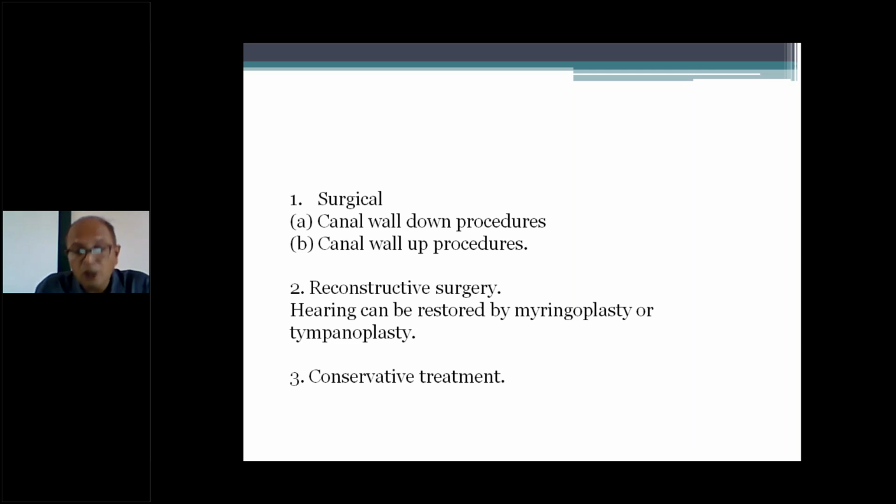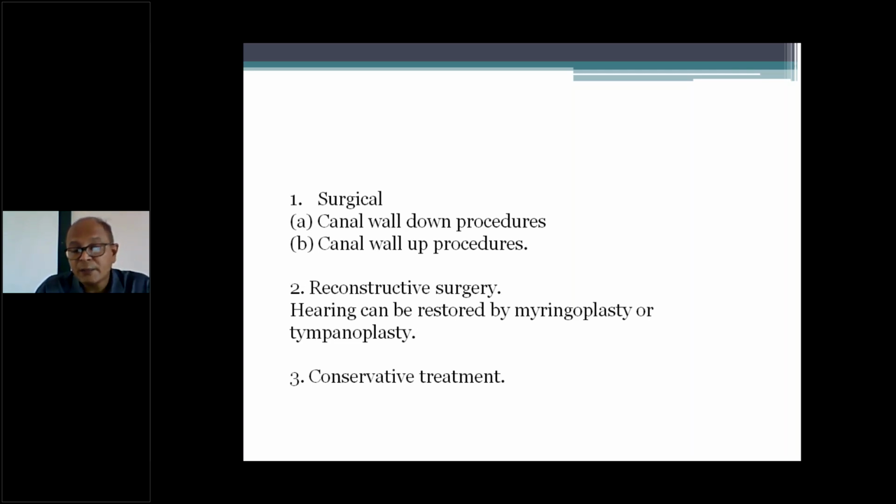We are using a lot of techniques. The temporalis muscle can be cut and put into the cavity, and you can also use bone dust, bone pate, or even hydroxyapatite crystals.